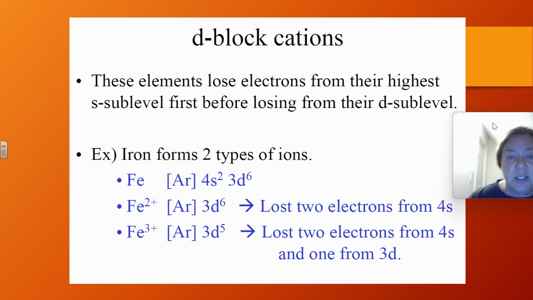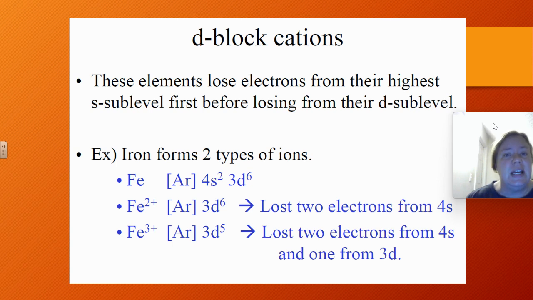Now, I will talk to you in class briefly about, for example, d4 stealing an electron from the s. So d's have a higher energy than the s's. So s can only hold 2 electrons and d's can hold 10. So there's definitely more energy for the d's. And so the d's are able to steal from the s's.